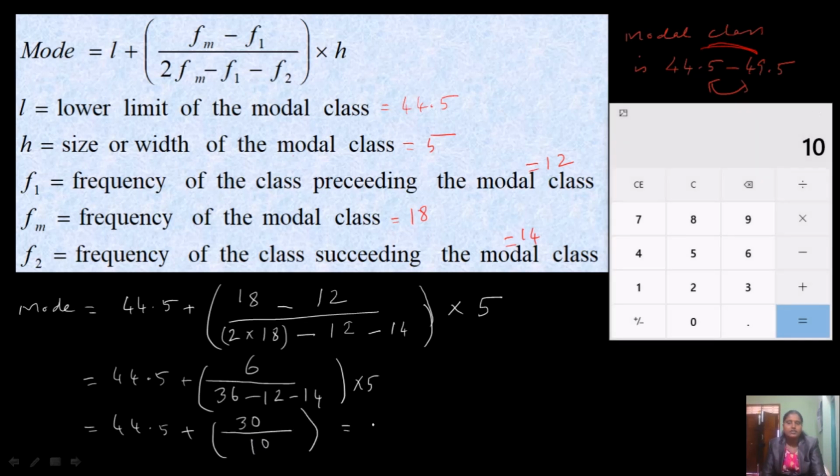So that's equal to 44.5 plus, when you divide 30 by 10, you have 3. When you add 3 to 44.5, you have 47.5.